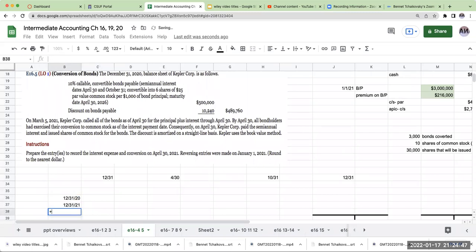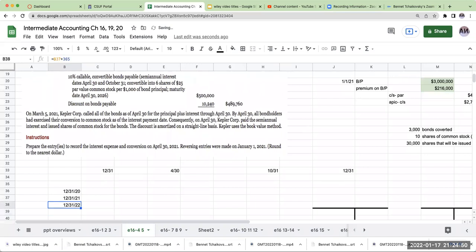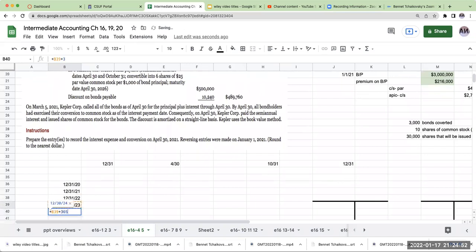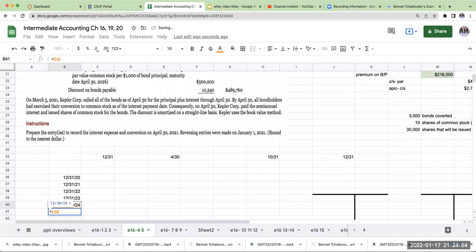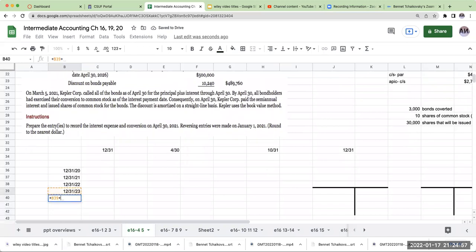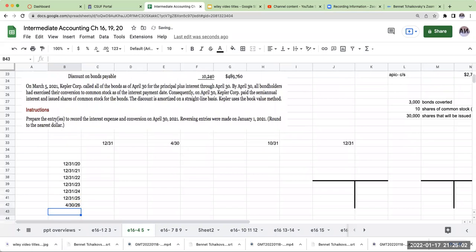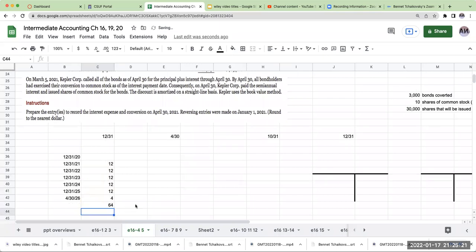So this is going to be 12 months, 12 months, 12 months, 12 months, 12 months, 4 months. I have a total remaining of 64 months left on the bond.